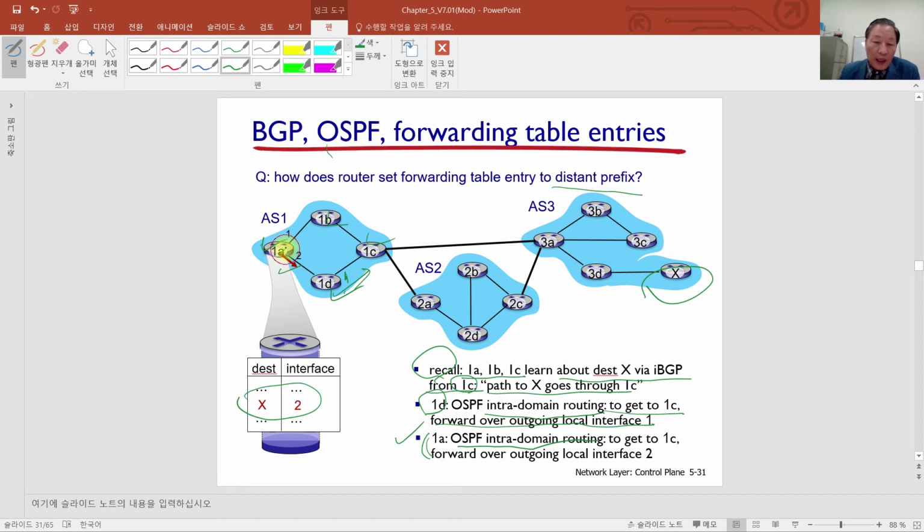The datagram can be sent in this route or in this route, depending upon the OSPF result, that will be decided.